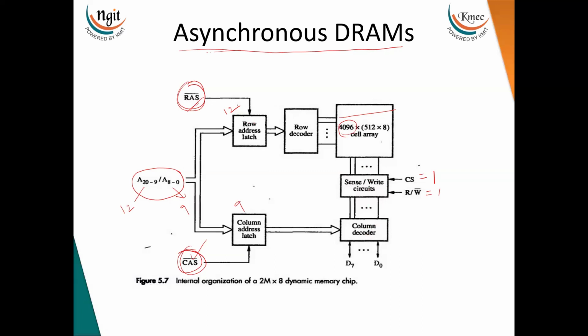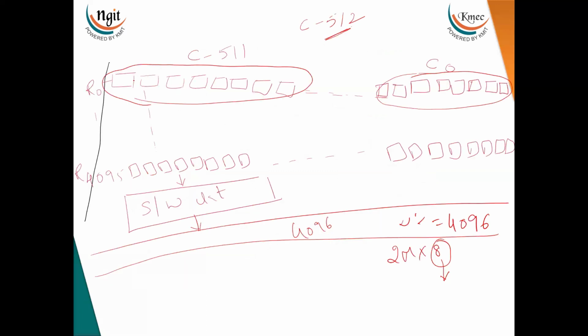Once the row is selected, for example this first row, the row should be loaded into the latches. The output of the sense/write circuit is connected to the latch. Like that, a total of 512 latches are connected. Once the row is selected, the complete row information is loaded into these latches.